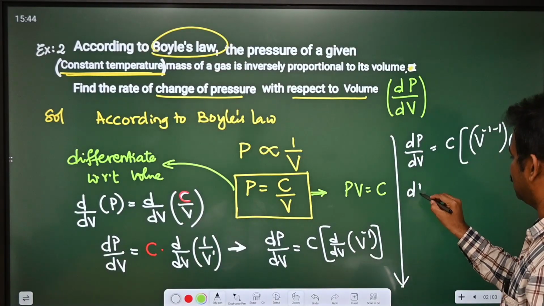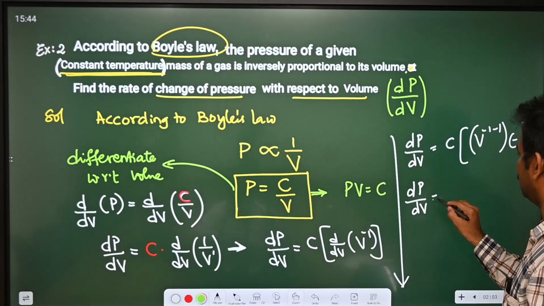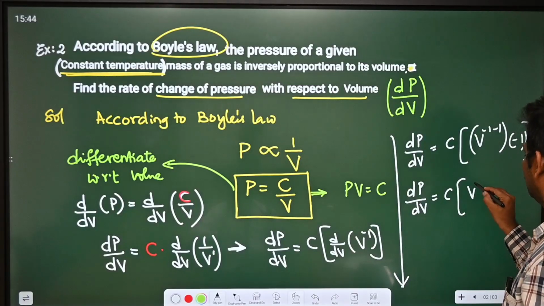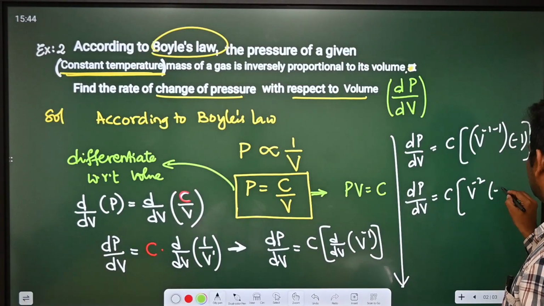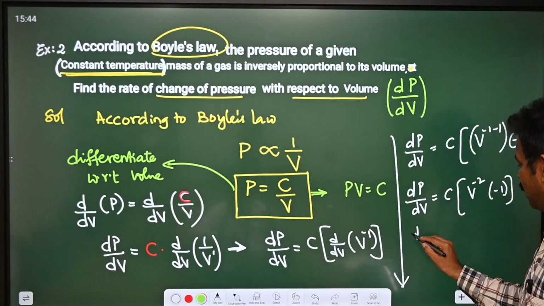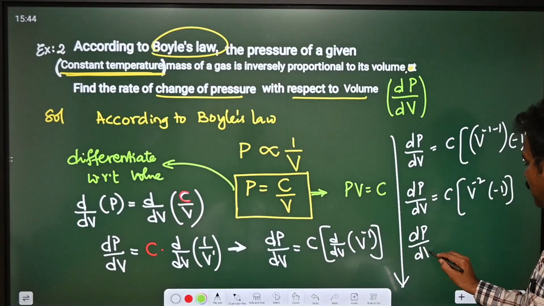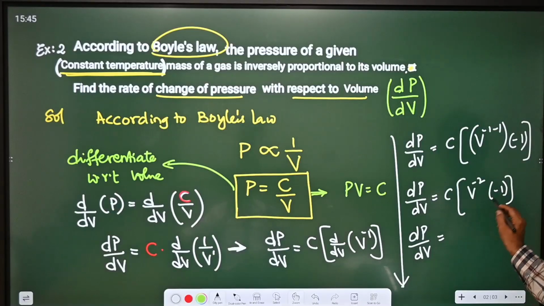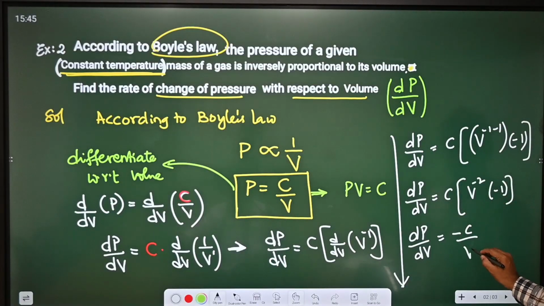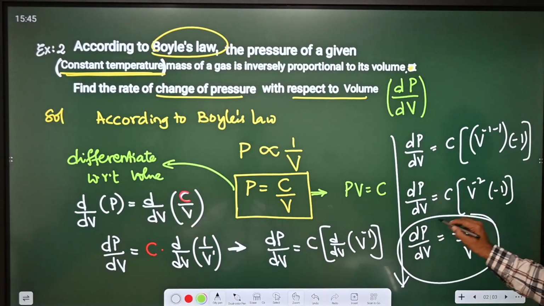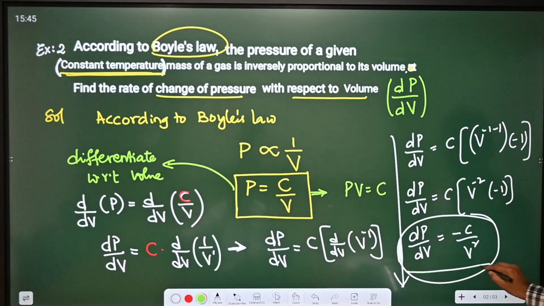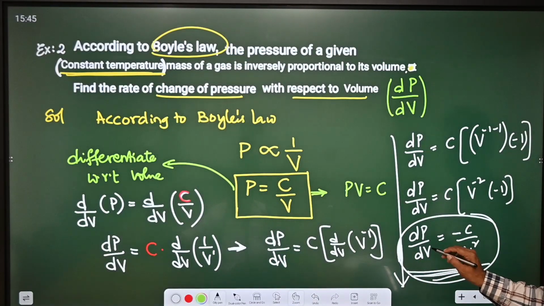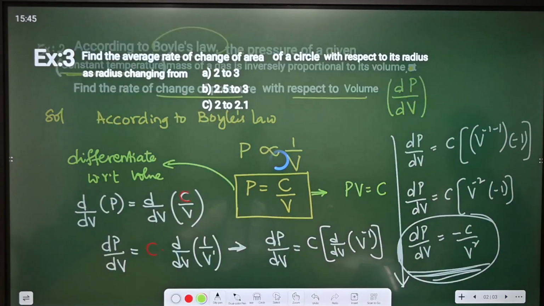You will get dP by dV is equal to C into V power minus 2 into minus 1. So our final target dP by dV is equal to minus C by V square. So this is the answer for this question, the rate at which pressure is changing with respect to the volume.